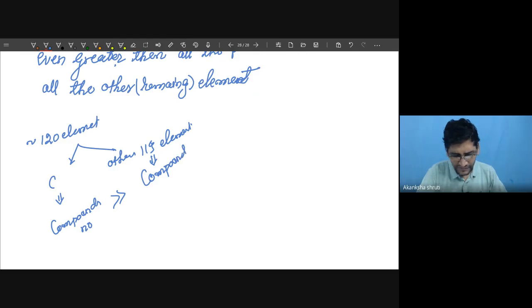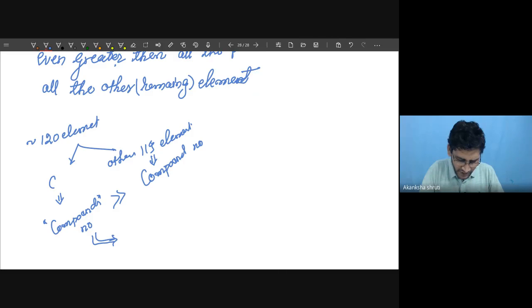Therefore this carbon alone is able to form a separate branch of chemistry called organic chemistry. And the properties of these carbon compounds are different from the compounds formed by all the other remaining elements.